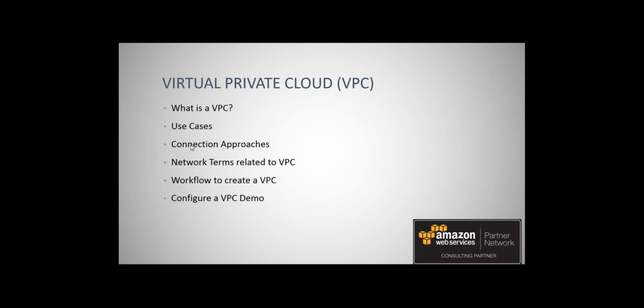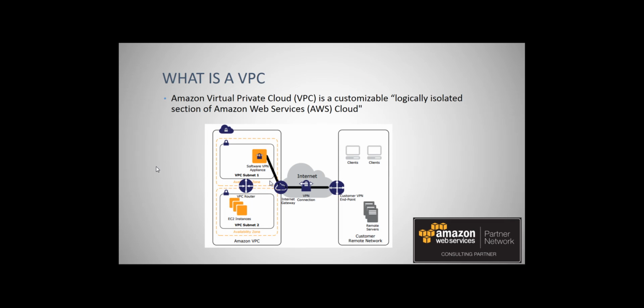And again, this is the technology answer that anyone is going to give: it depends, so what is the best approach? So we'll talk more about that. Network terms related to VPC. We'll then talk about workflows, how to create a VPC. And then lastly, I'll dive into the console and show you how to create a software VPN VPC.